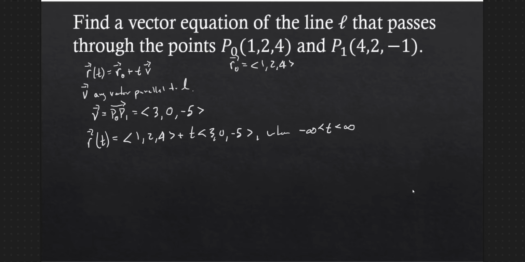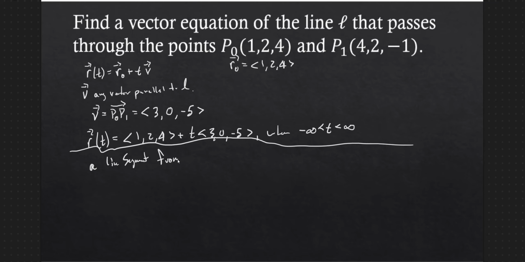Now you might wonder, what if we don't want the entire line? What if I just want a line segment from P0 to P1? What if I want just the part of the line that's between these 2 points?